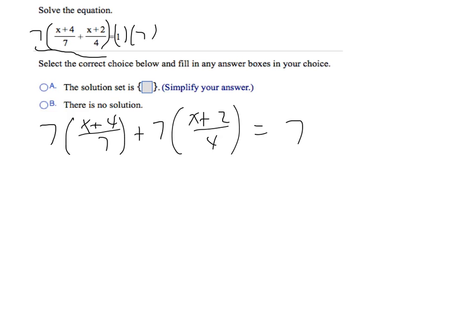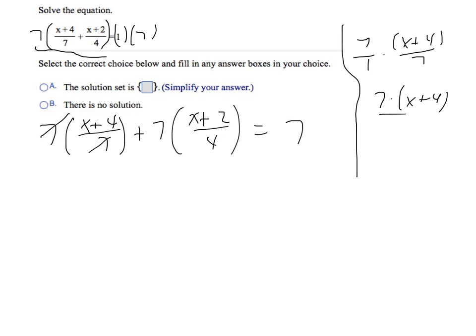If you are concerned about that, remember that we can cancel common multiplicative factors. If I wanted to show the steps there, I would say that's 7 over 1 times x plus 4 over 7. When you multiply fractions, you multiply the numerator and multiply the denominator.